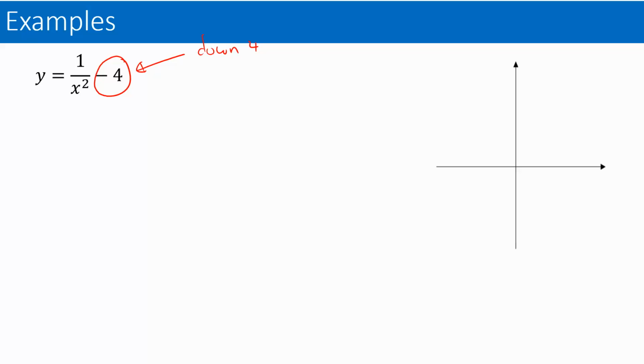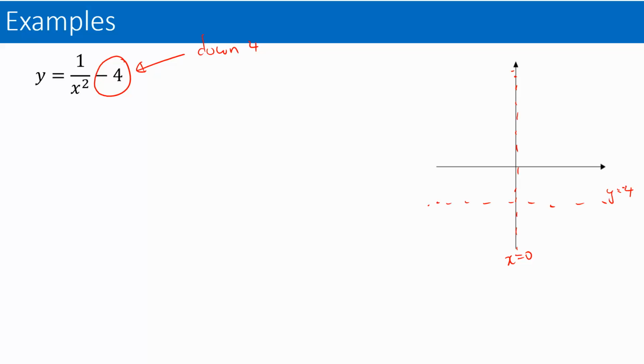In this case, x just equals 0, which means it doesn't move left or right. And the asymptote is still at x equals 0, whereas the y value, we said down 4. So I already got my asymptotes here. Down by 4, y equals -4. Okay, so remember, horizontal is y, vertical is your x.